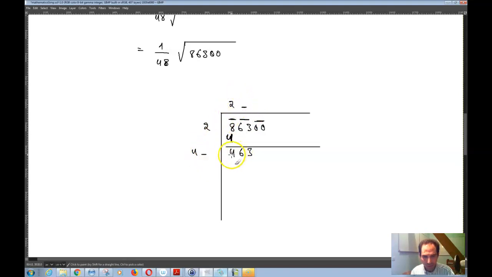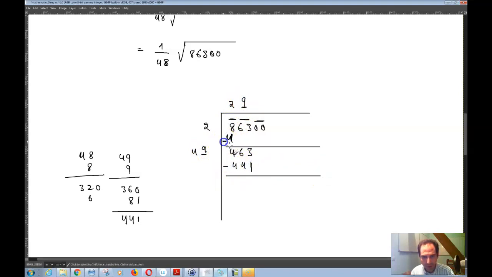And for example, 48 times 8 is equal to 320, and there you have 64, that's 380. 49 times 9 is equal to 360 and 81, so you get 441. So 49 times 9 is equal to 441, and if you subtract, you will get 2 and 0.